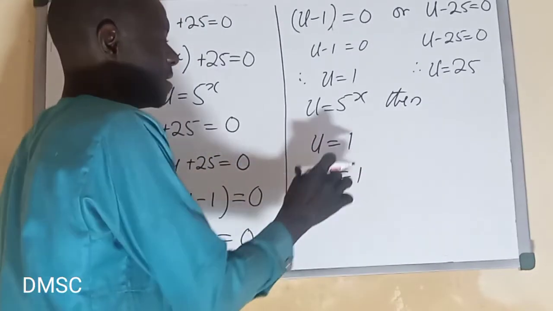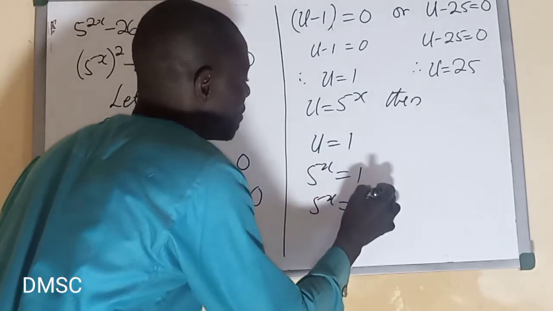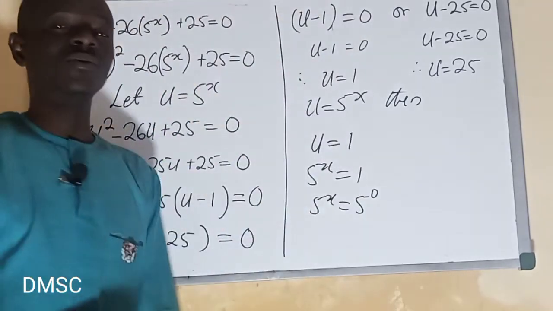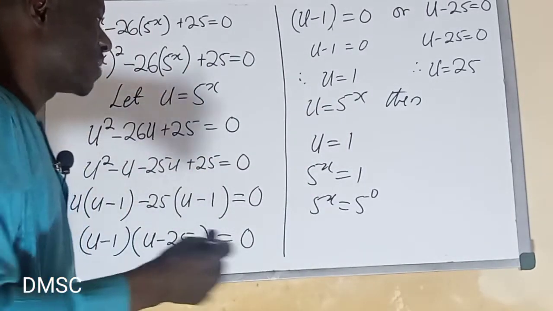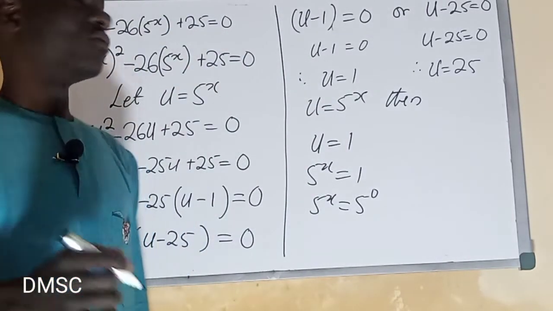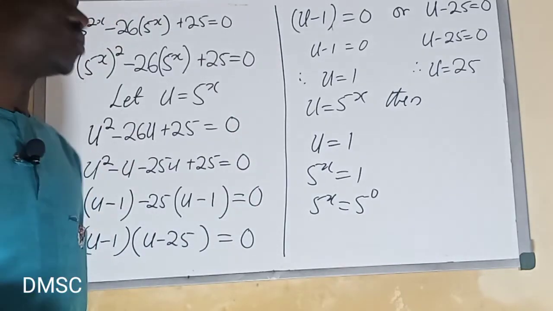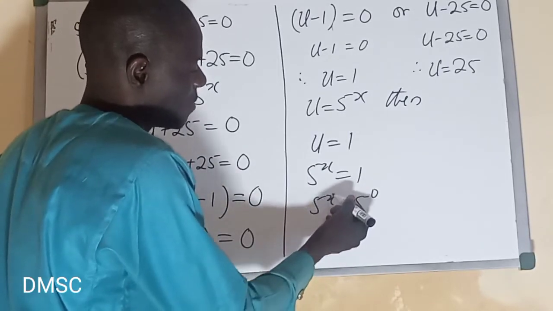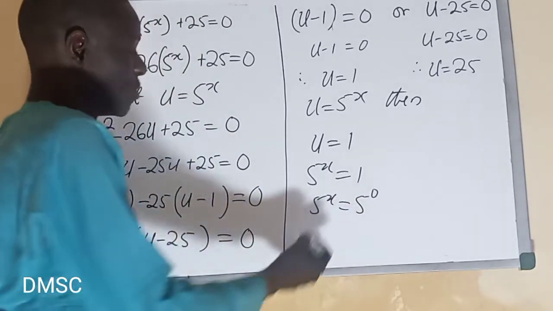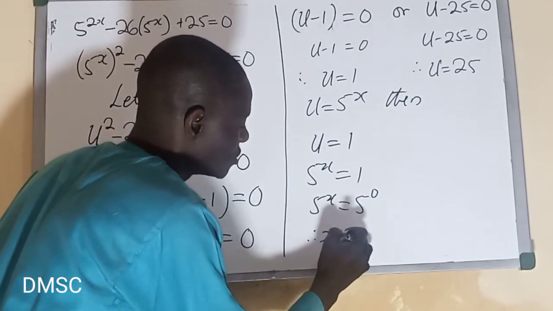From here, 5^x = 5^0, because 5^0 is 1. We remember one of our laws of indices that says any number to the power 0 equals 1. So we drop the base, which is 5, and say therefore x = 0.